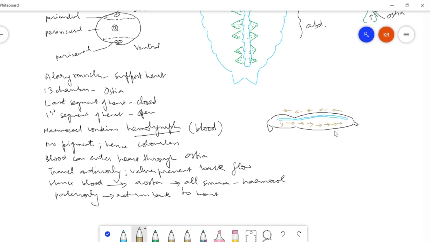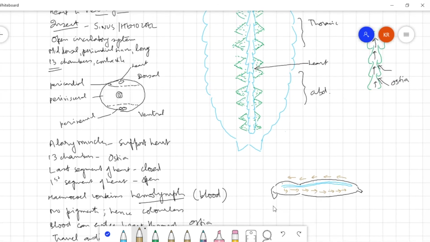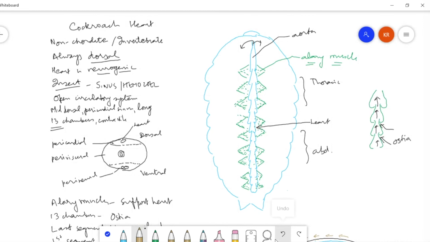So in all the three ways we have tried to understand the heart of the cockroach, that it has got 13 chambers, it is mid dorsal in position, and that it is inside the sinus or the space which we call as the pericardial space, which I have written over here. It has got 13 chambers.